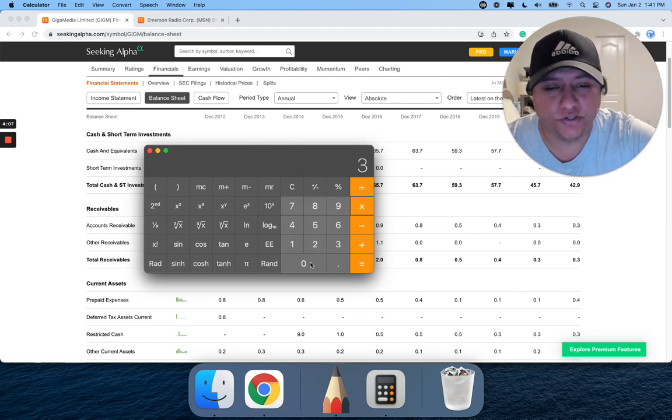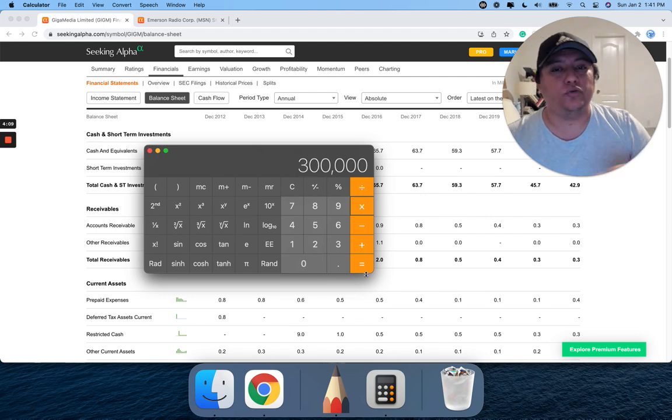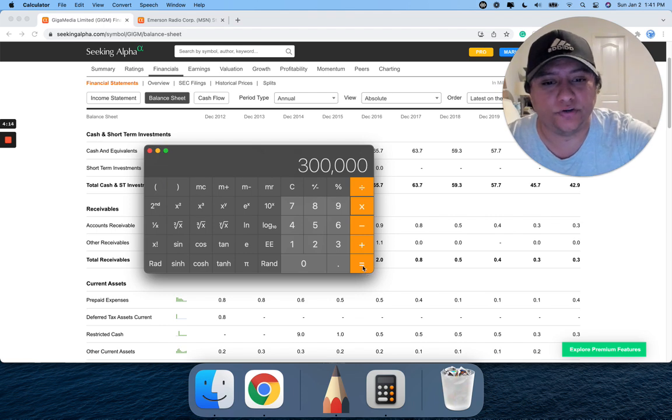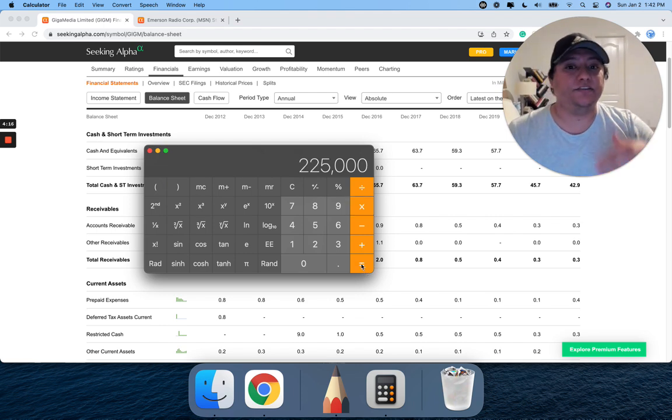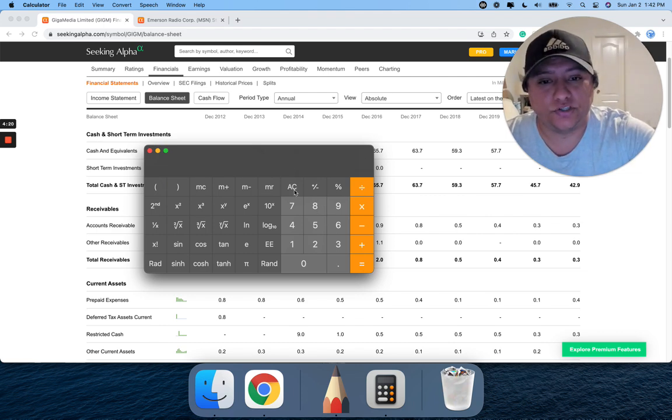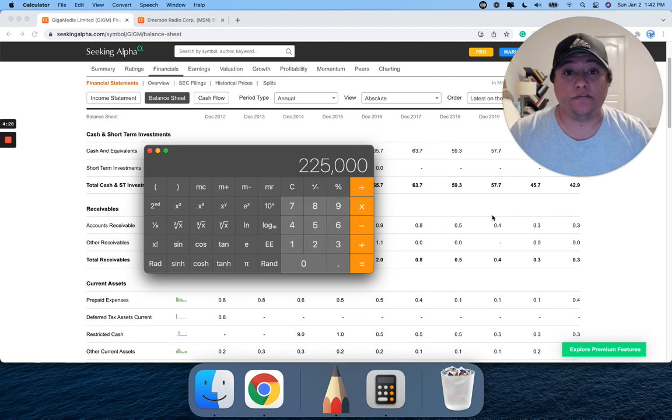I'm not just going to go by decimals and do all that rounding down. I'm going to use the whole number so it's easier to understand. So that is $225,000. Let me make sure I did my math right there. That's 300 times 0.75. Yeah, 225,000.